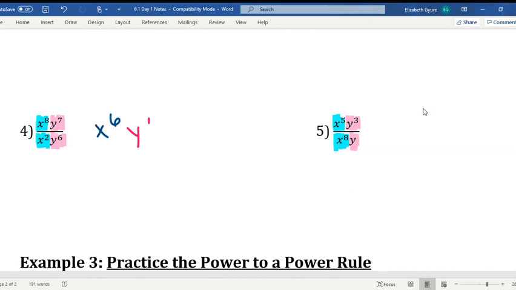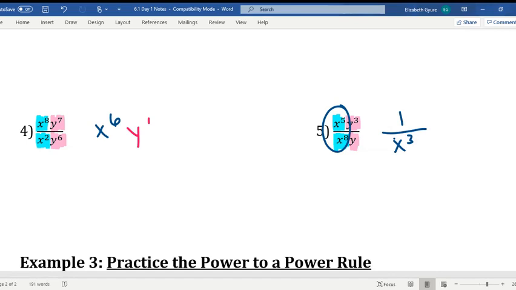So that's where I'm going to want my leftovers, right? So am I going to need to keep my fraction, or can I get rid of it? I'm going to have to keep it because I need them on the bottom, and if they're on the bottom of something, I still have to have a fraction there. So if you take a look at just the x's, 8 minus 5 is 3. So that would be 1 over x to the 3rd.